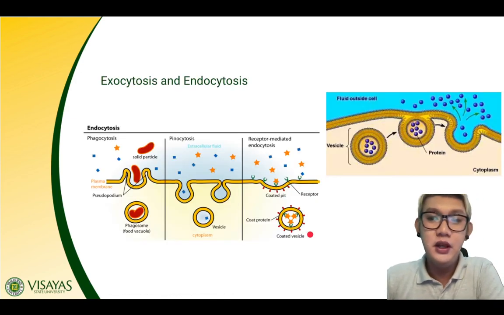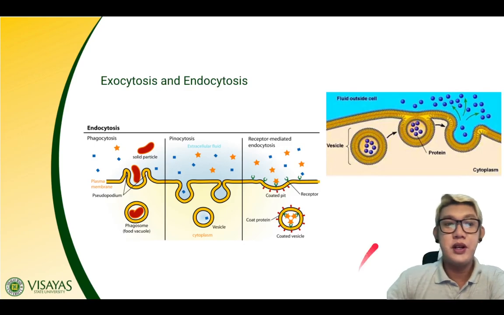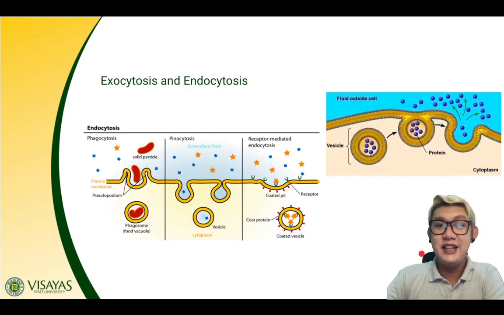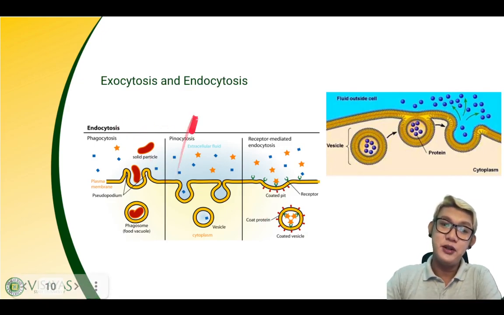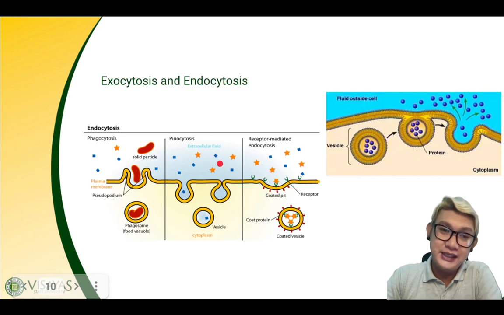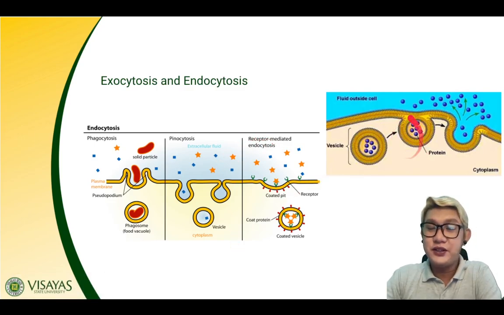Another type of active transport are exocytosis and endocytosis. Endocytosis is when the cell takes in compounds or molecules or food from outside, taking them inside. Exocytosis is when some of the molecules that are made inside the cell are excreted outside of the cell.